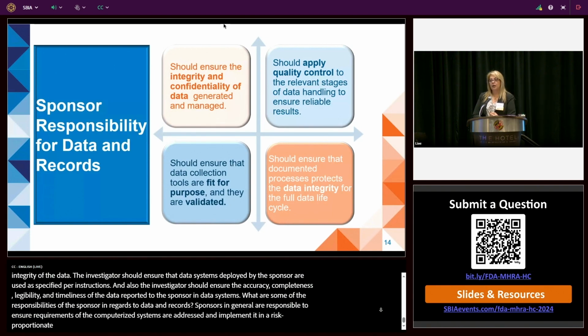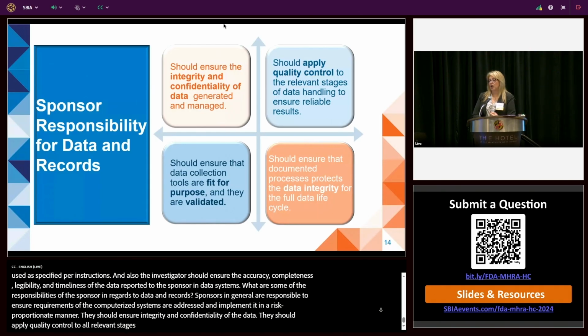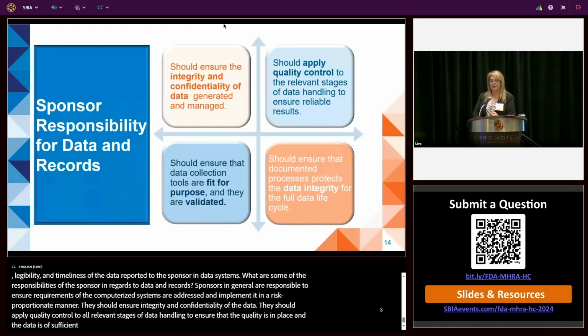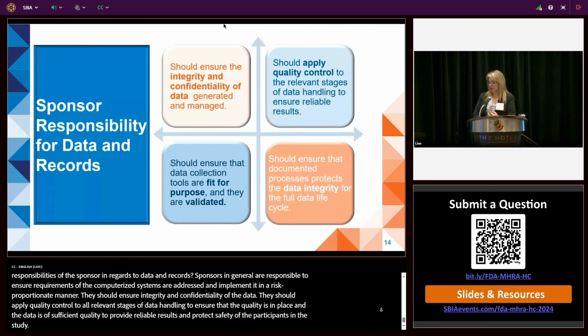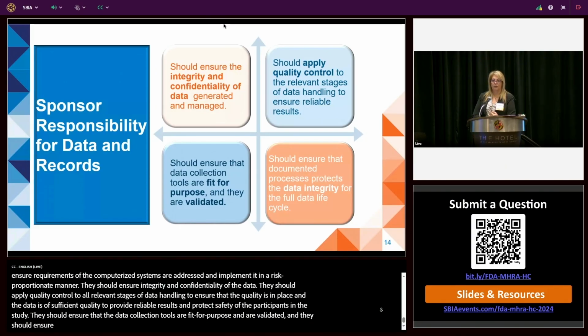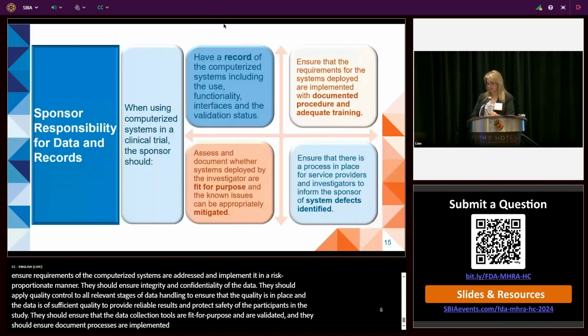They should apply quality control to all relevant stages of data handling to ensure that the data is of sufficient quality to provide reliable results and to protect safety of the participants in the study. They should ensure that data collection tools are fit for purpose and are validated, and should ensure documented processes are implemented to ensure the data integrity for the full data lifecycle.